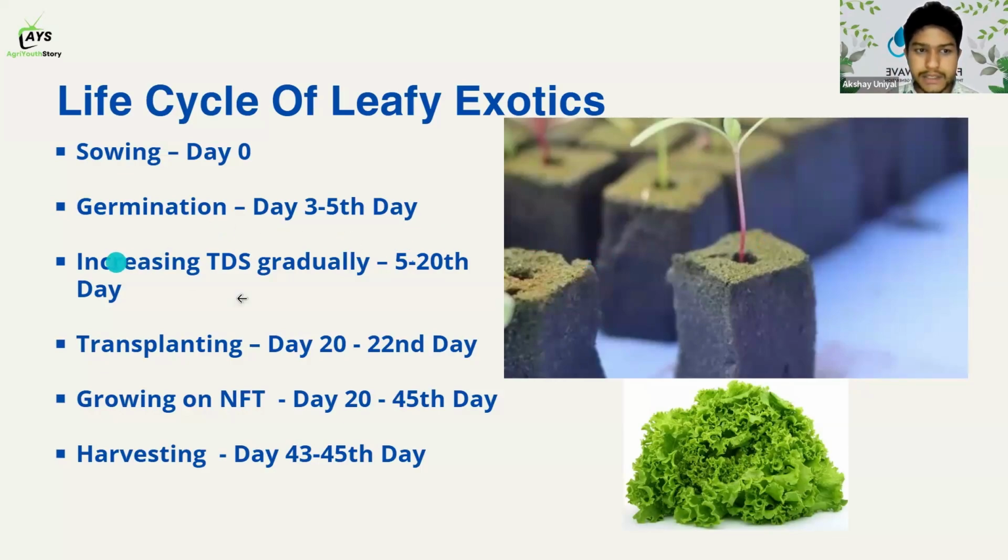Then we start increasing the TDS. What TDS, or ppm, means in this context is a way of finding out what stage the sapling is in. This is the oasis cube that we talked about.